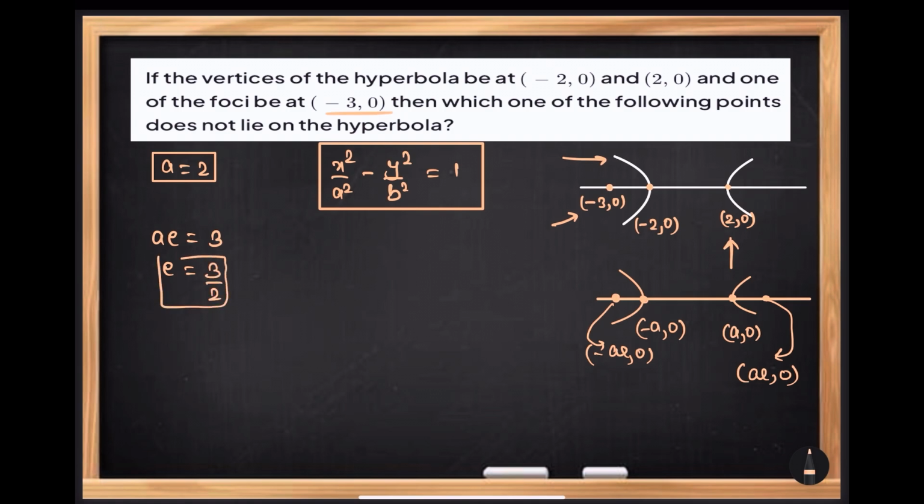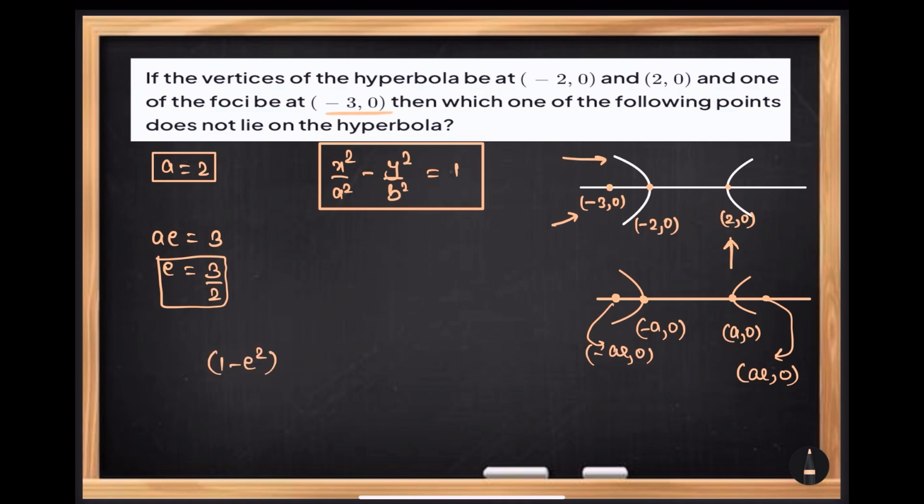So we got e. Now look, you have to calculate b. a you already know, e you know, so can I use the relationship of a, b and e to find out b? Because we have two variables and we know those two things, a and e. So I'll be using that relationship of a, b and e. Now you know that there will be 1 minus e square.